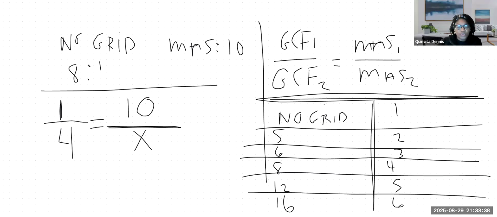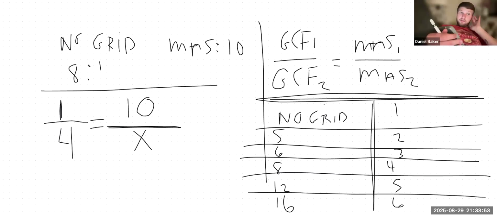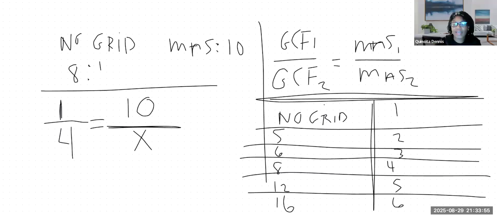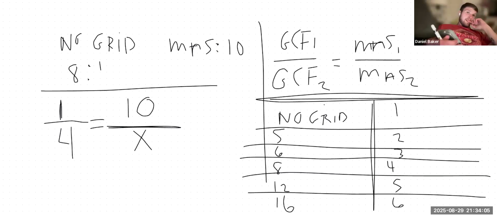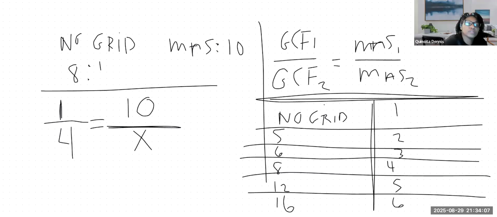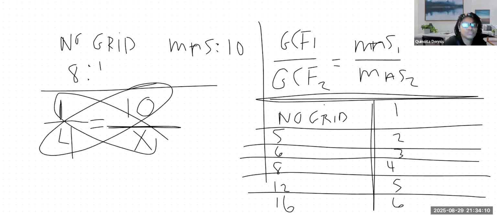Should the mass increase or decrease going from no grid to an 8-to-1 grid? It should increase because I've added a grid. So what would my new mass be? 40. Correct. 10 times 4 is 40, divided by 1. That gives you 40 mass.